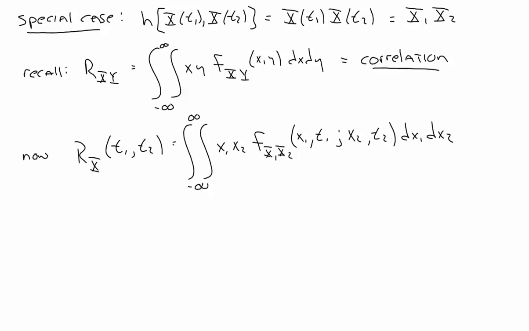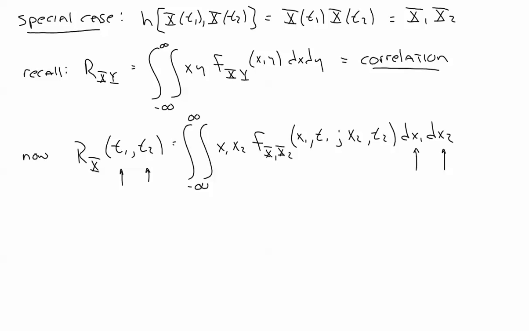Right? So my function now is simply the product of random process x evaluated at both t1 and t2. Once again, I'm integrating against x1 and x2 from minus infinity to plus infinity. I lose that in the result. I'm not doing anything with t1 and t2, so t1 and t2 can be preserved in the final result.